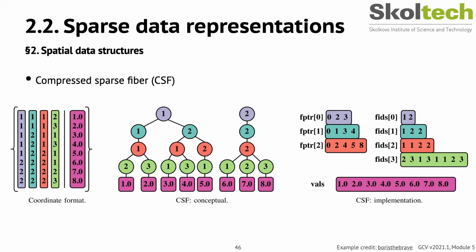In this case, the first dimension is represented by a violet column in the coordinate format here. So we compress the first dimension by joining all the 1s together and all the 2s together to obtain the 2 nodes in the compressed sparse fiber format.